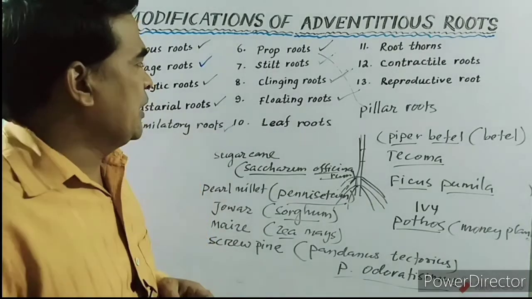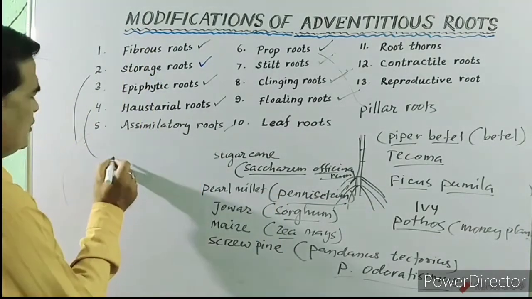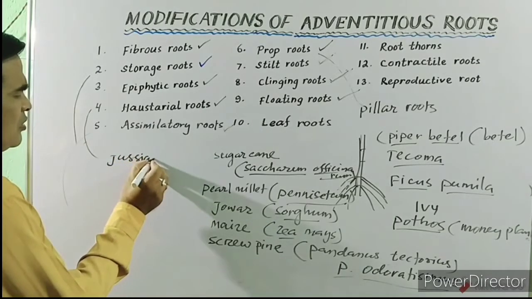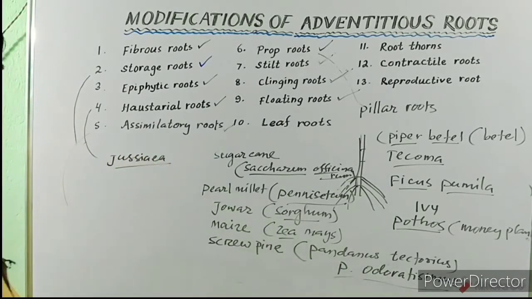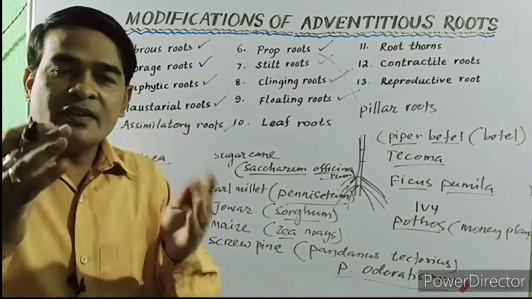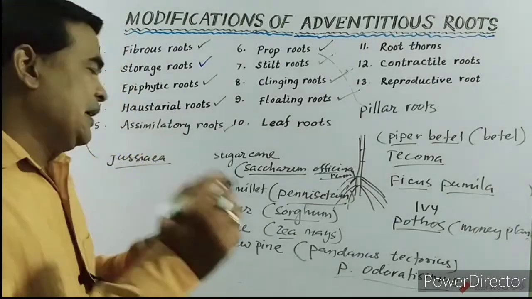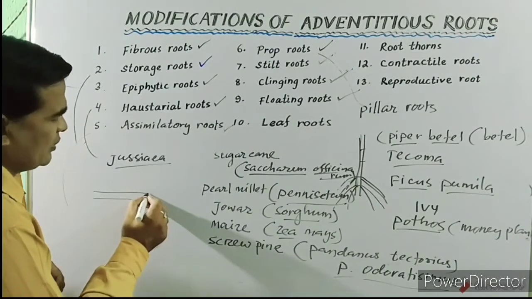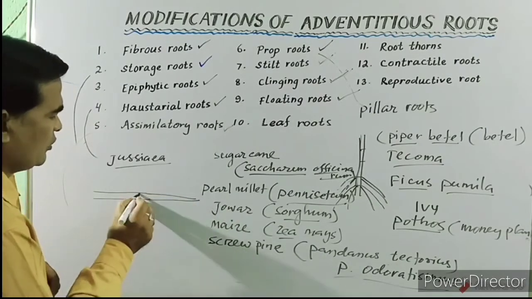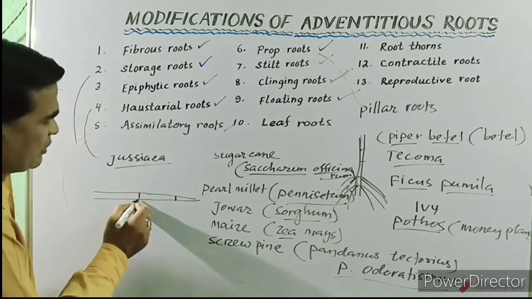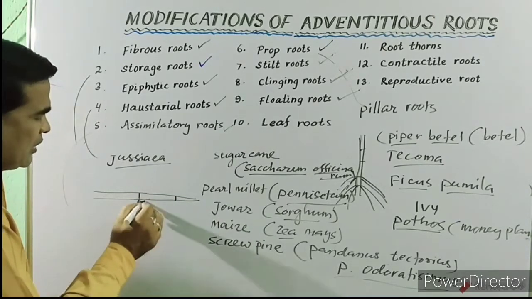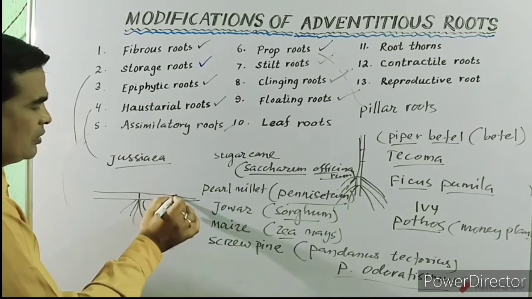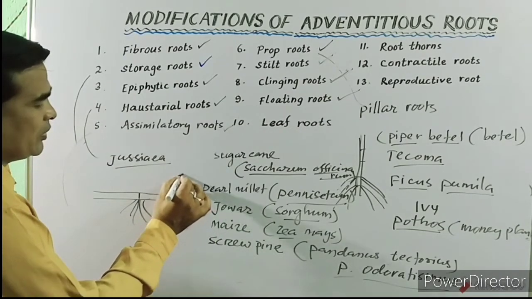Okay, for example, in Jussiaea, several adventitious roots develop from each node like this. Which are nodes? Several adventitious roots develop on the upper side.